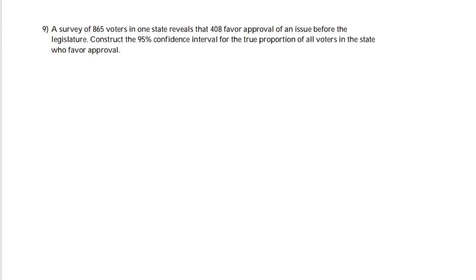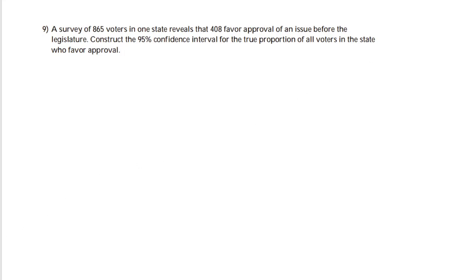Okay, the last question of this video, let's try this. A survey of 865 voters in one state reveals that 408 favor approval of an issue before the legislature. Construct the 95% confidence interval for the true proportion of all voters in the state who favor approval.